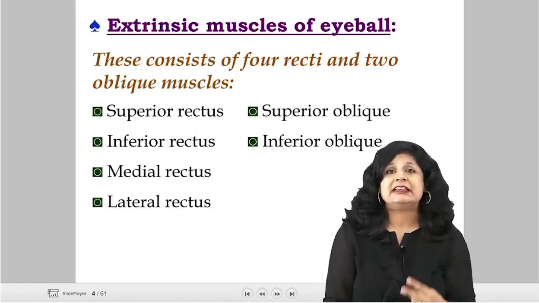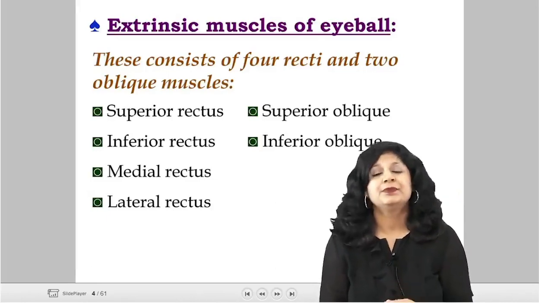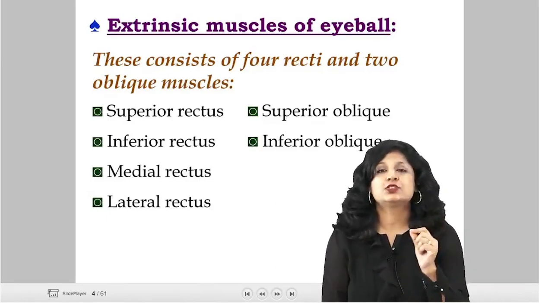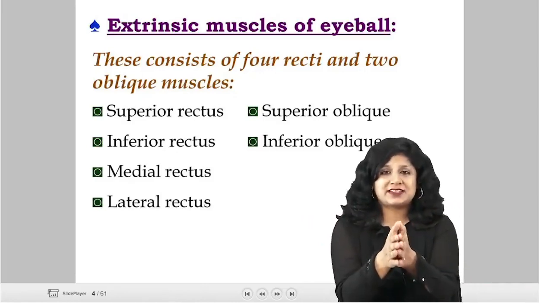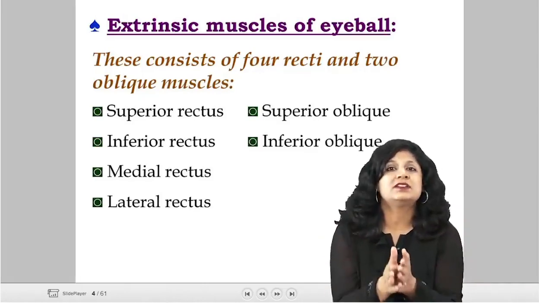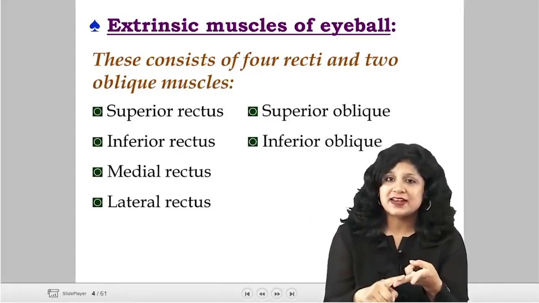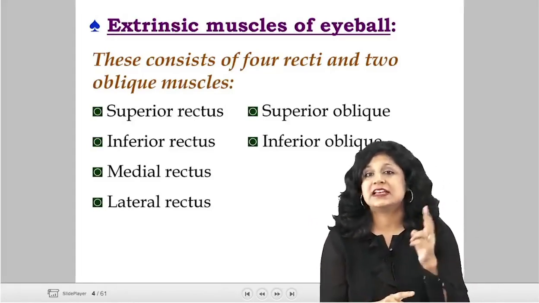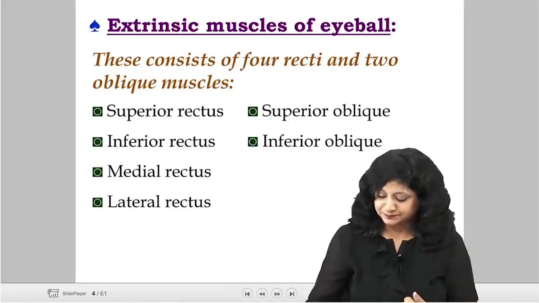So basically we are going to talk about the 6 muscles here, the 4 rectus and 2 obliques. This is how we have converged our discussion mainly on these muscles: the superior rectus, the inferior rectus, the medial rectus, the lateral rectus, superior oblique and inferior oblique.